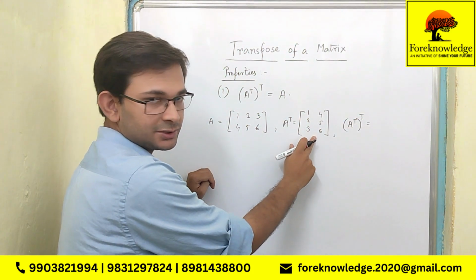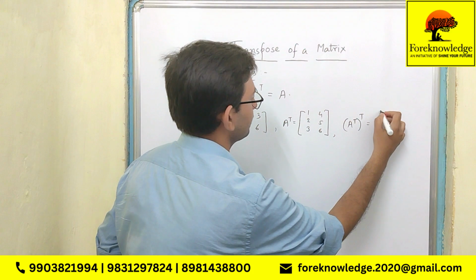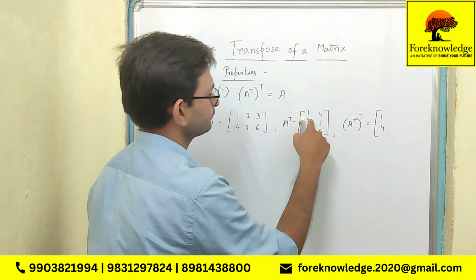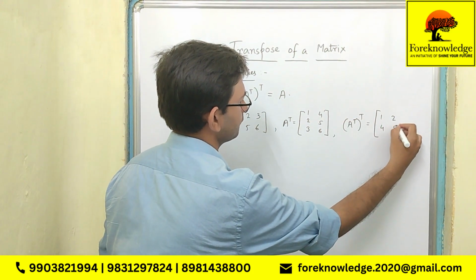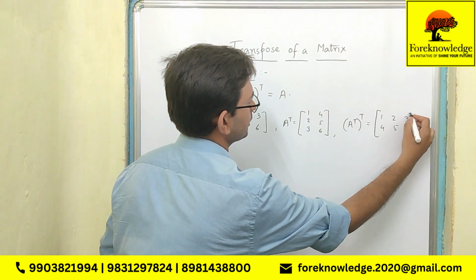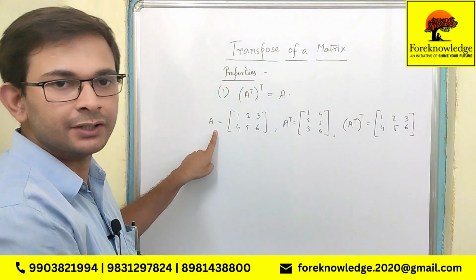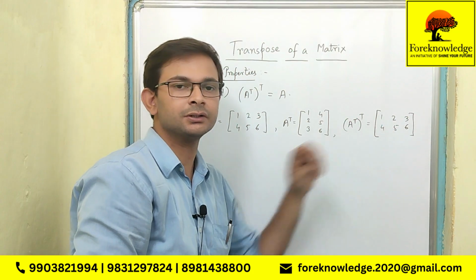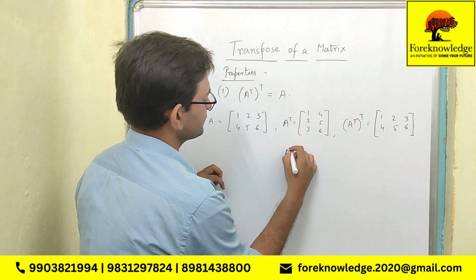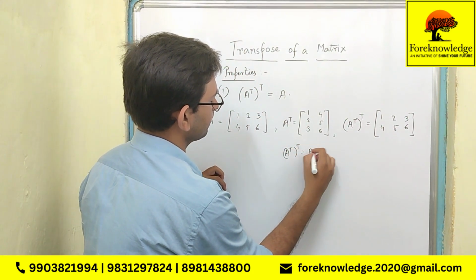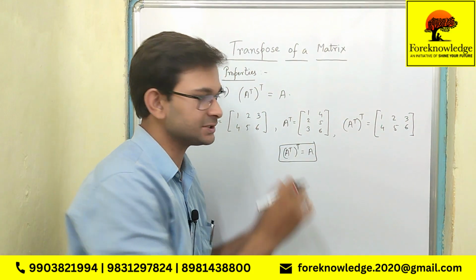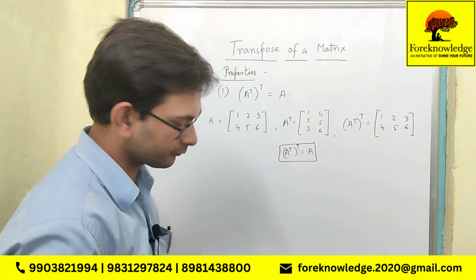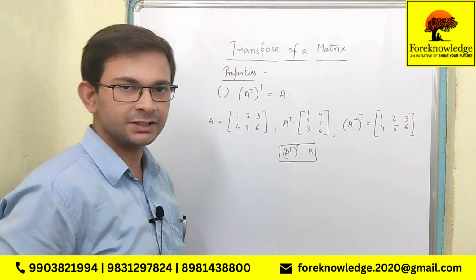Now we take the transpose of this matrix, so rows become columns: 1, 2, 3, 4, 5, 6. A was 1, 2, 3, 4, 5, 6, and now A transpose whole transpose is again 1, 2, 3, 4, 5, 6. So it is verified that A transpose transpose equals A. This is not a proof, just an example. I hope the example is clear.